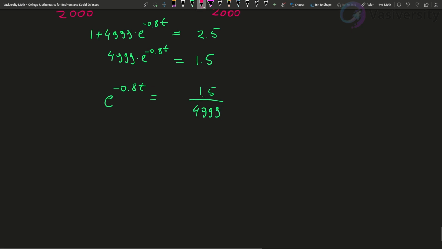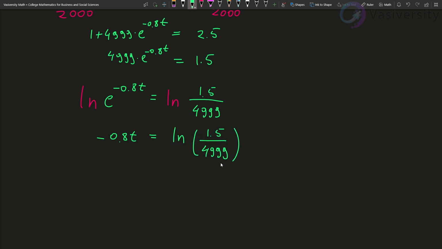Now we can apply the natural logarithm to both sides. So negative 0.8t is equal to the natural logarithm of 1.5 over 4,999. Okay, and so t will be equal to negative 1 over 0.8, because we divided both sides by negative 0.8, times the natural logarithm of 1.5 over 4,999.